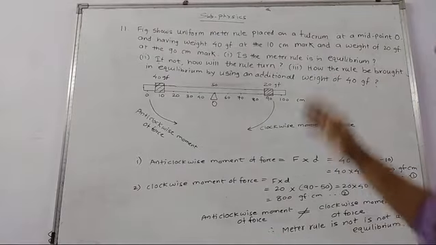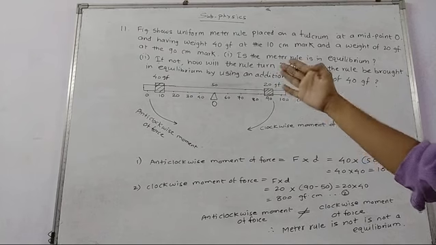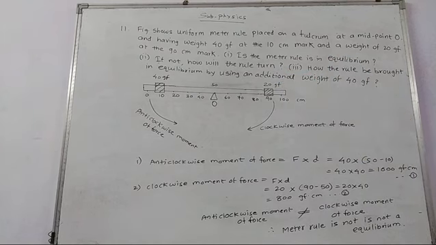What do they say? If not, how will the rule turn? Which one is greater? We can clearly see that 1600 gf cm is greater than 800 gf cm.